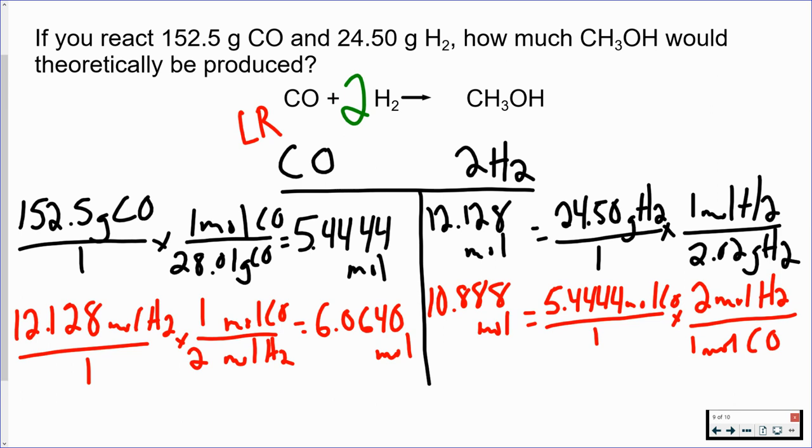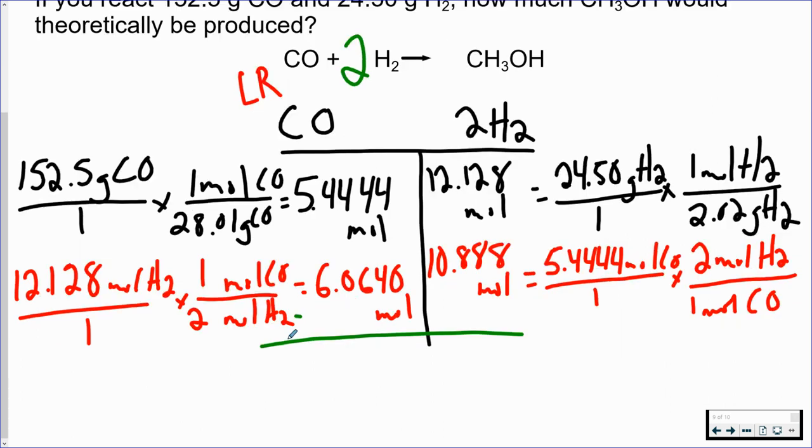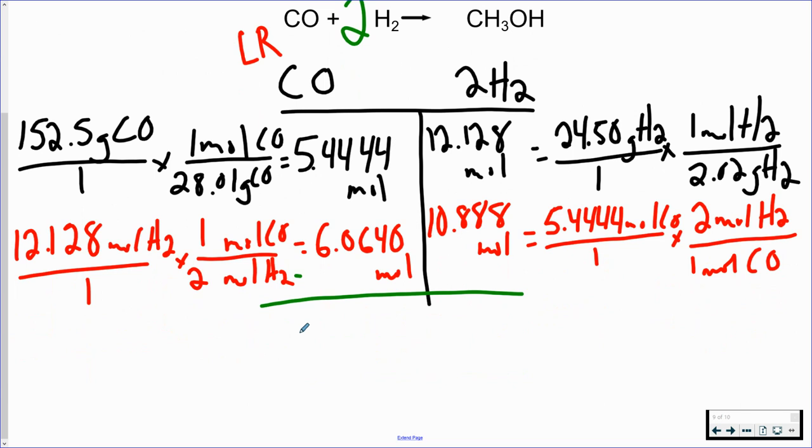So let's go ahead and subtract it. I know that we already said CO is going to be our limiting reactant, but we subtract it on this side, we're going to get negative 0.6196. So what this tells us is that we were about 0.6 of a mole away from being able to use up all of the hydrogen with CO. On the other side, when you subtract it, you get 1.24.